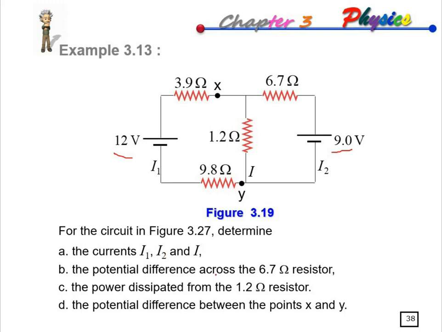B, the potential difference across the 6.7 ohm resistor. C, the power dissipated in the 1.2 ohm resistor. And D, the last one, the potential difference between points X and Y. Okay, look at the solving process here.